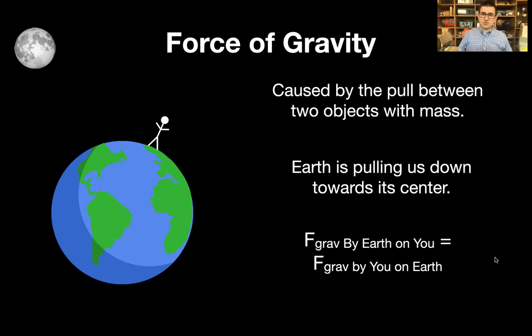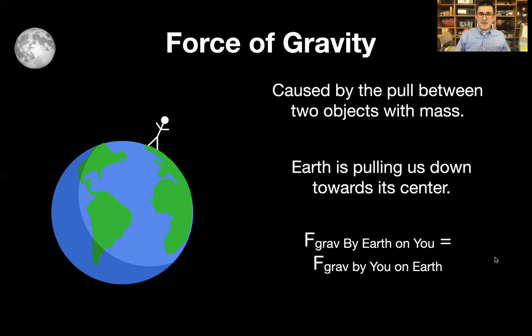But according to Newton's third law, if the Earth pulls us down with a force of gravity, then we also pull back up on the Earth with a force of gravity. And believe it or not, those two forces are equal in magnitude and opposite in direction. Even though I have a small mass, the Earth has a big mass, so the interaction force between us, the pull back and forth, is equal.